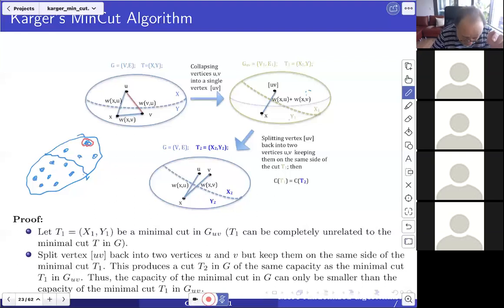If they are from the opposite side of a minimal cut, this cut, after collapsing, might cease to be a min cut, right? And lo and behold, we just showed the capacity of the min cut can only increase after the collapse.